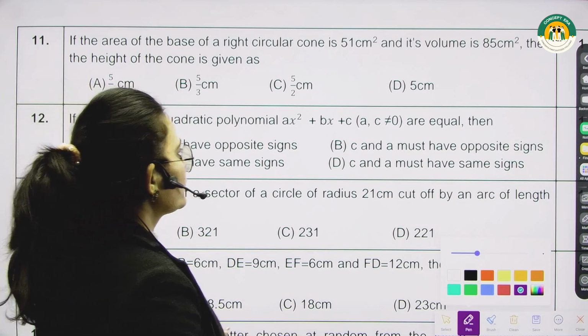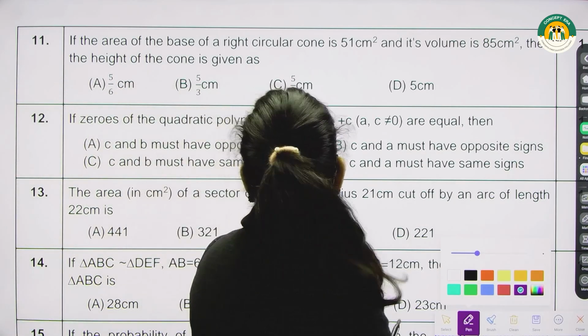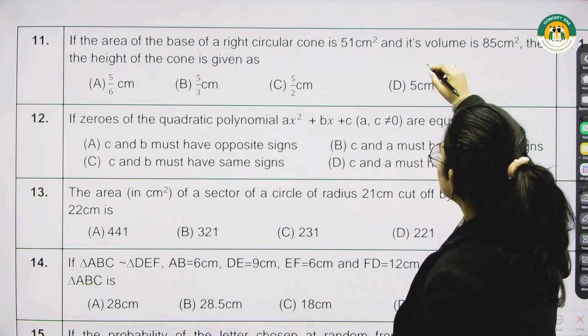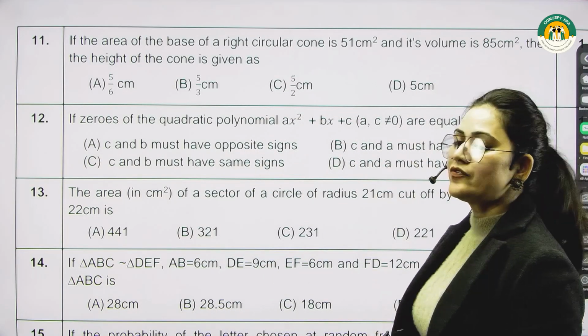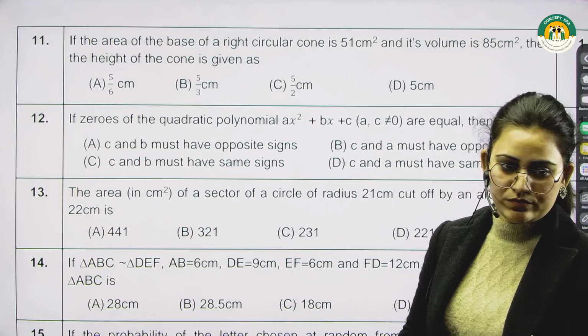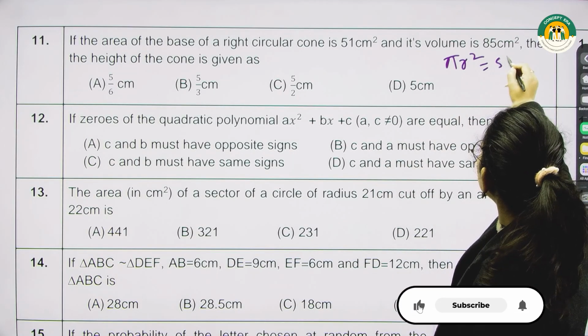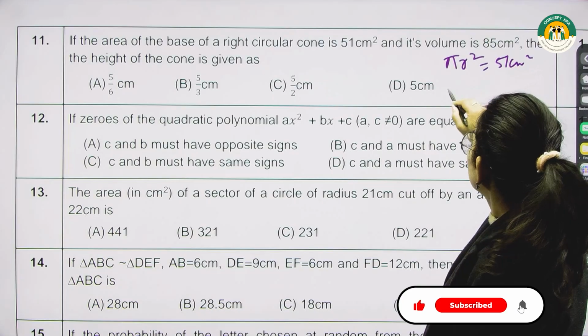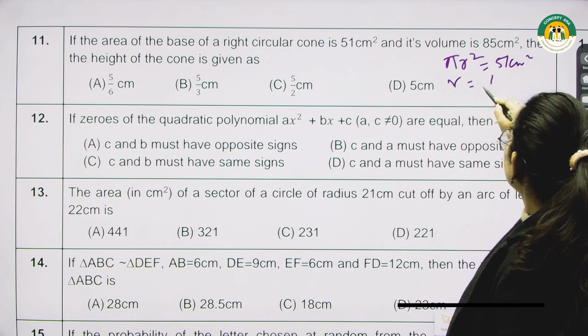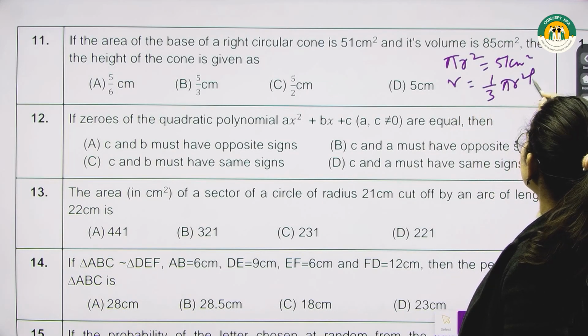Question number 11 says, if the area of the base of a right circular cone is 51 centimeter square and its volume is 85 centimeter square, then what is the height of the cone? As the base of the cone is in circular form, what is the area of a circle? It is pi r square, that is 51 centimeter square. And the volume is 1 upon 3 pi r square h.